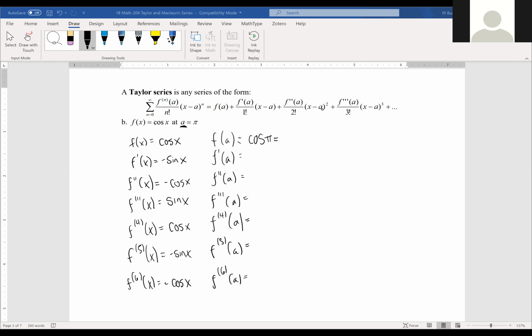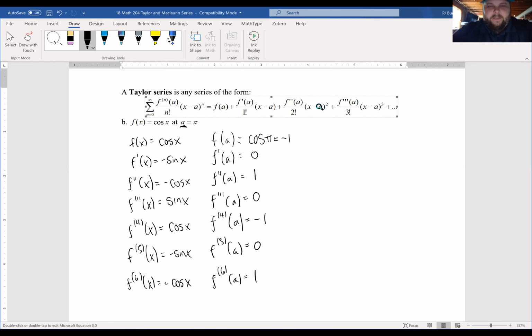Negative 1. Thank you. All right, sine of pi, 0. Negative cosine pi would be 1. Sine of pi is 0. Cosine pi is negative 1. 0 and 1.